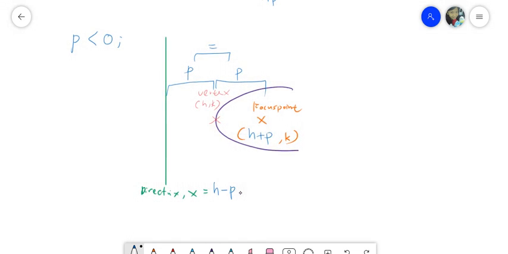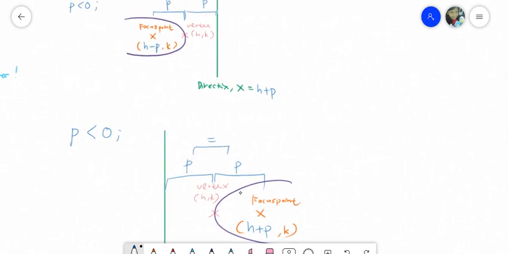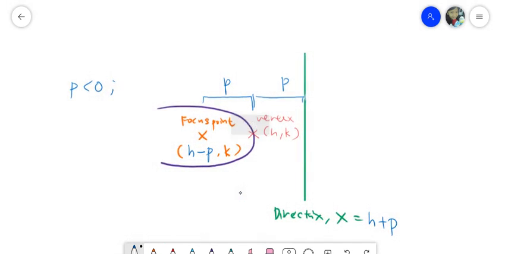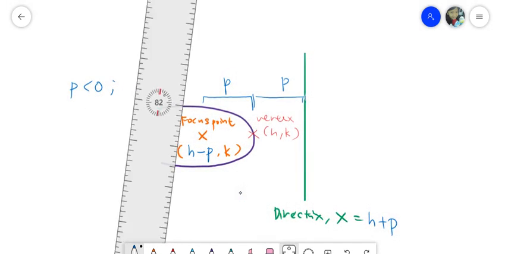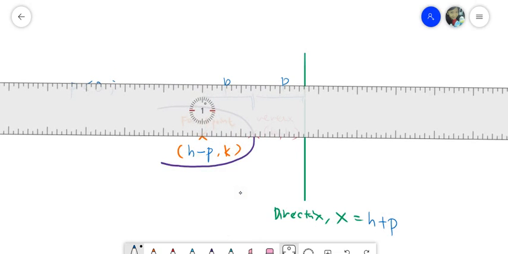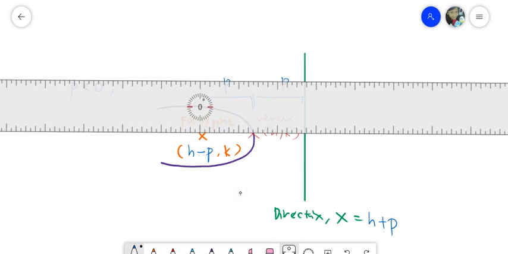Now if the question asks you to sketch, do remember one thing. You need to add on the symmetry line. How do you add it?